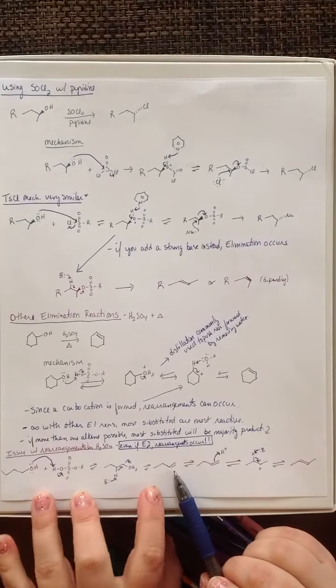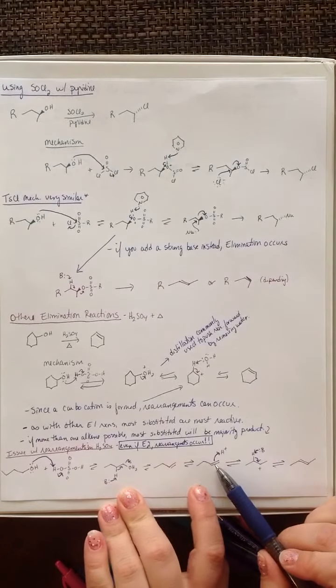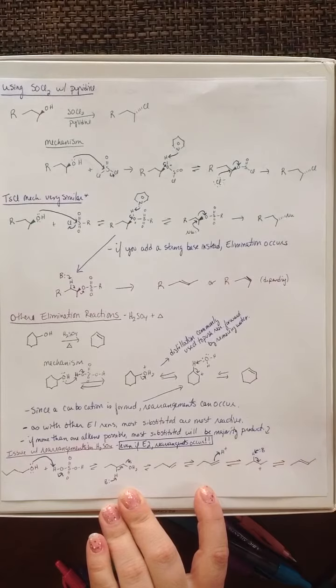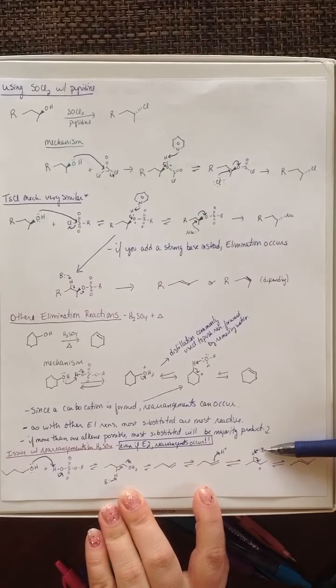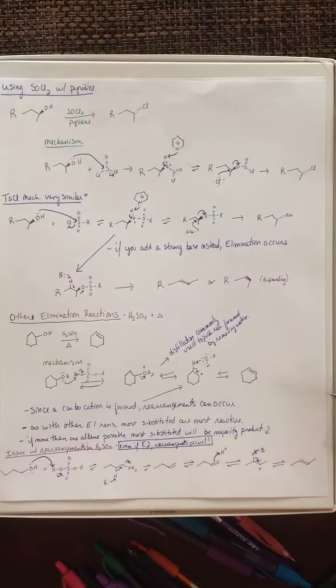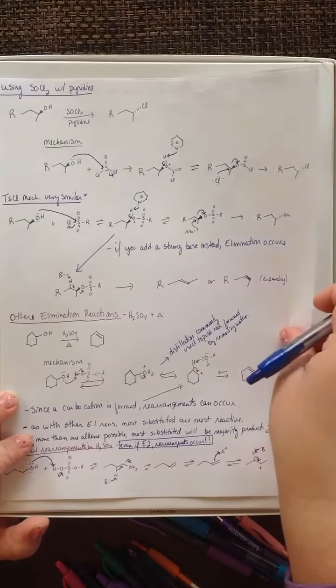So you could get this alkene bond, but then a hydrogen could actually come through and electrons donate over to that hydrogen, and you end up getting this type of structure, where the base could come back and take that hydrogen instead, giving you the alkene at the most substituted position. And it's not what you expect, so you have to be careful with those. Those can be really cantankerous.